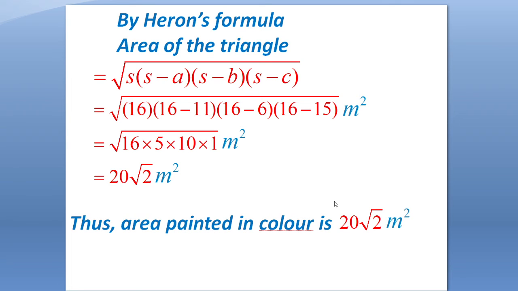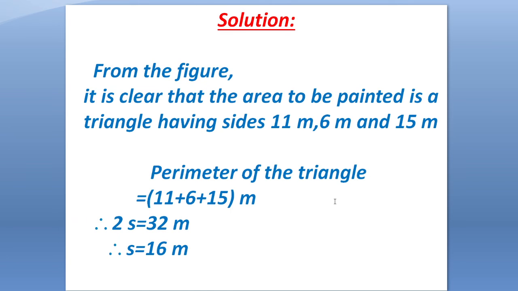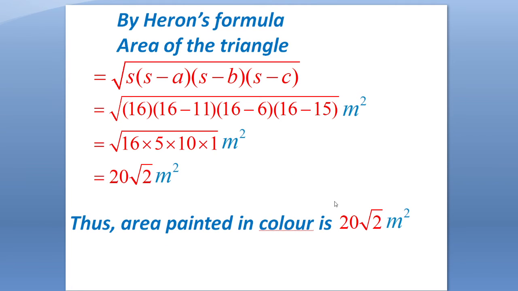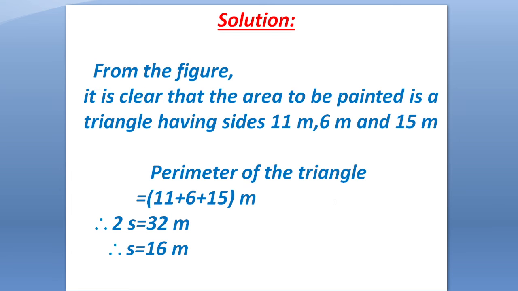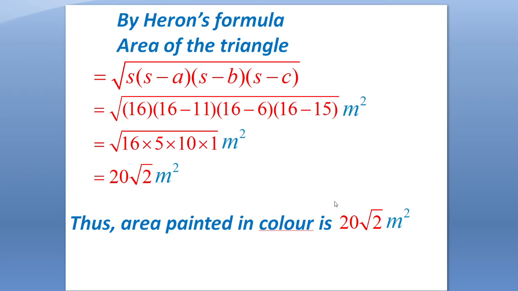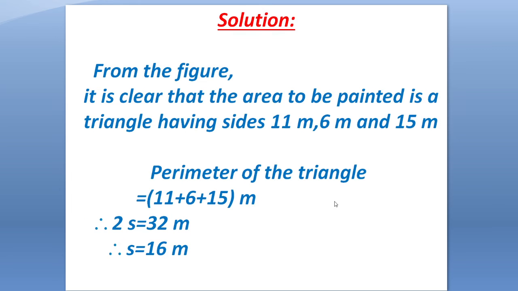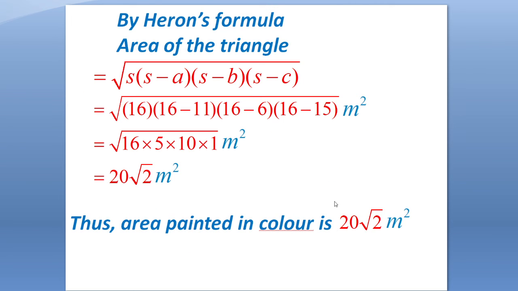So by Heron's formula, area of the triangle is equal to under root S into S minus A into S minus B into S minus C. S is 16, so 16 minus 11, 16 minus 6 and the third one, 16 minus 15.